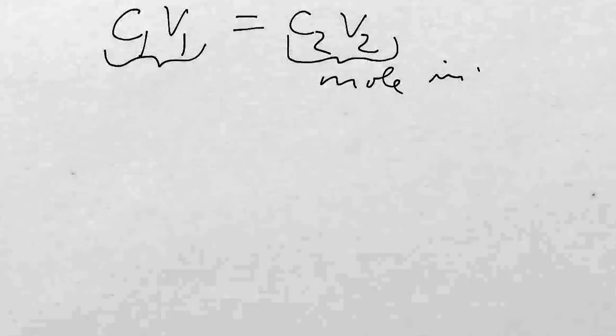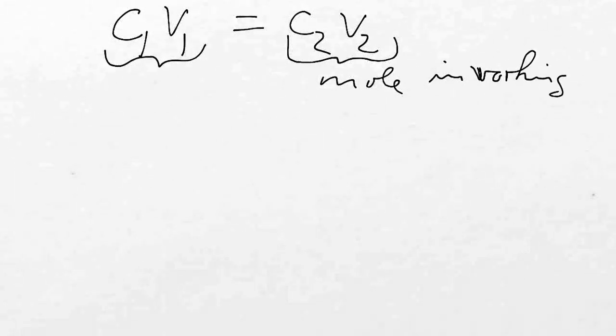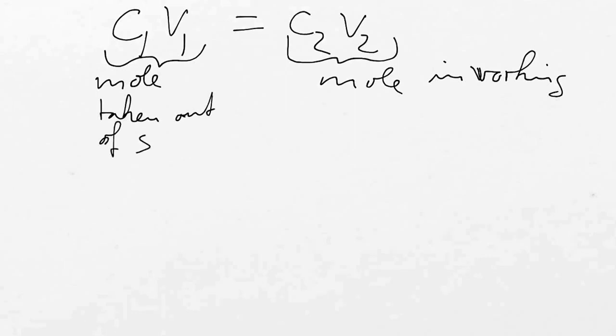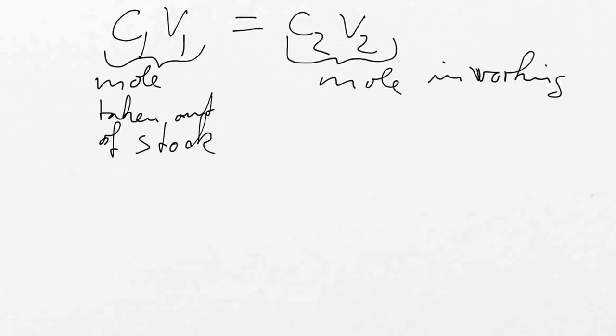So that's the amount of mole in the working solution, and that is also the amount of mole that we take out of the stock. That is this famous C1 V1 equals C2 V2. Does that make sense? Again, you need some practice.